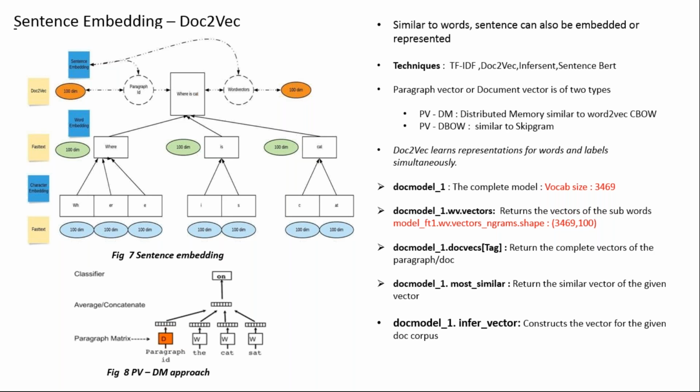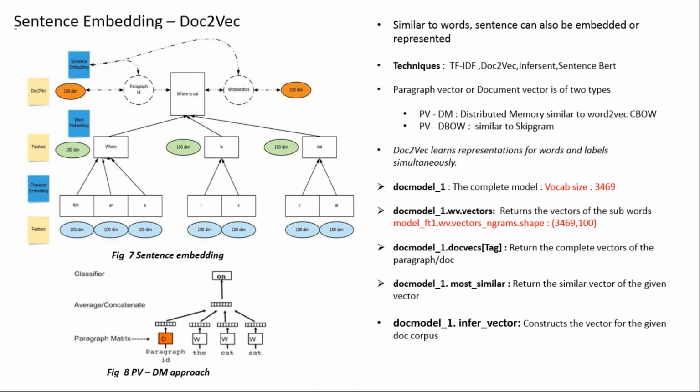Taking one step ahead, even the full sentence itself can be embedded by means of doc2vec, which is a package from Gensim again. Doc2vec takes the whole sentence and spits out the vectors for the words as well as the sentences. When I say sentences, you can call it a document or a paragraph; paragraph is the most commonly used term here.